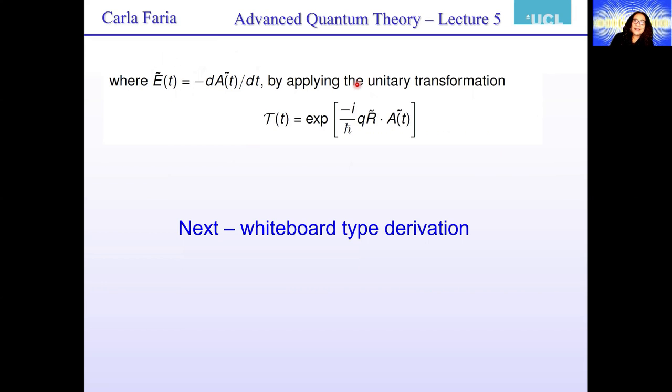The key idea is that the physics doesn't change, it shouldn't change, but sometimes one picture is better than the other. For instance, in one case you are looking at some potential that may be described as an effective potential, and in the other case you have a transverse field. So I'm going to do a whiteboard type derivation of this, and we will see details.